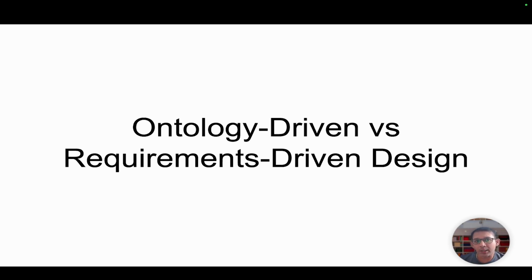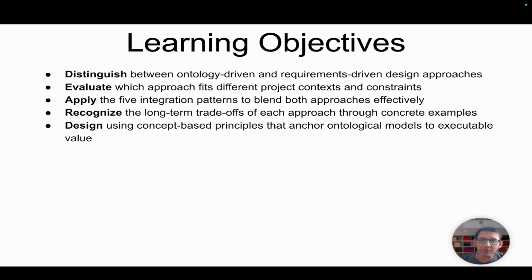Today, we're going to explore what I call the great software design divide. Two fundamentally different philosophies that shape how we build systems, and more importantly, how we can choose between them intelligently. By the end of today's lesson, you'll be able to distinguish between ontology driven and requirements driven design approaches.